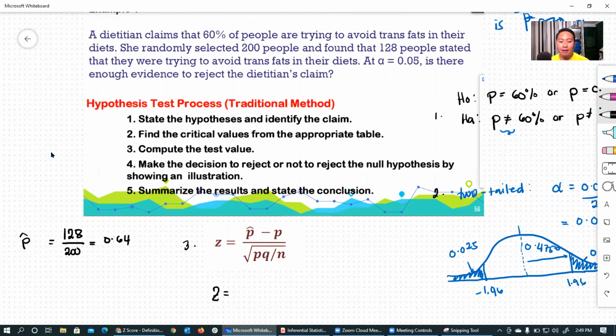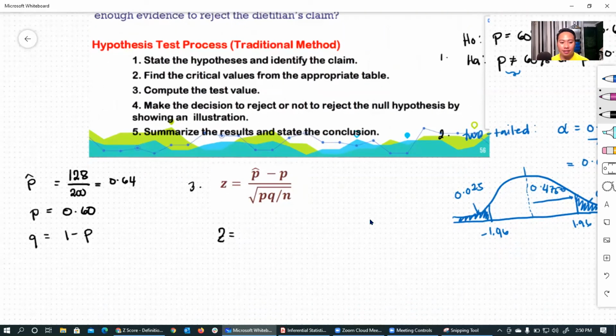Okay, the p, guys, is already given. It's 0.60. The q, guys, is technically 1 minus p. In other words, it's 1 minus 0.60, or q is equal to 0.40.